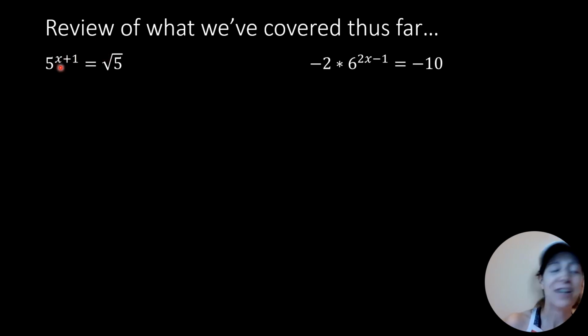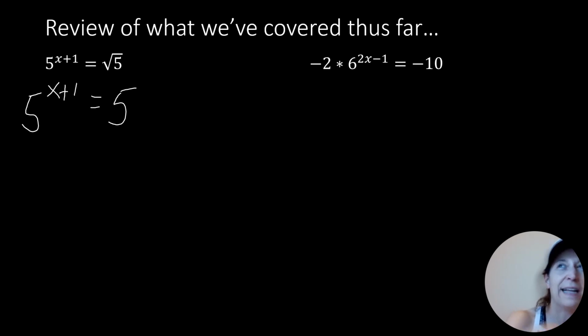Over here on the left, we don't need to mess around with that, but we do need to alter the square root of 5. We need the 5 outside of the square root. And so I'm going to go ahead and copy down 5 to the x plus 1. Then you might remember from an earlier lesson, that was third quarter, we had this way of taking anything that was a radical and writing it as an exponent.